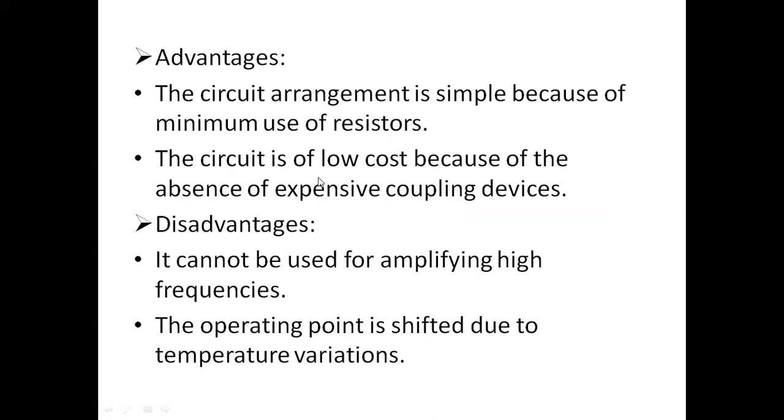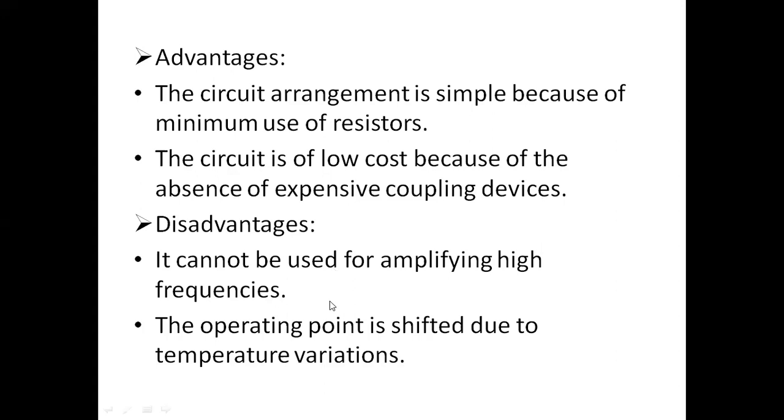And what are the disadvantages? It cannot be used for amplifying higher frequencies, because at higher frequencies the gain is reduced. So it is not preferable for amplifying signals at higher frequencies.